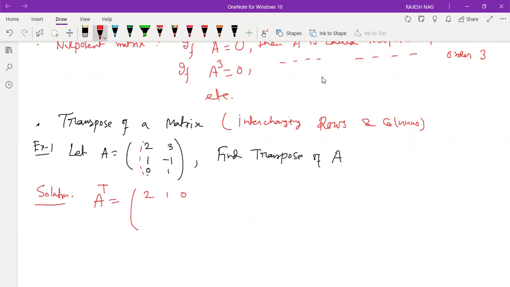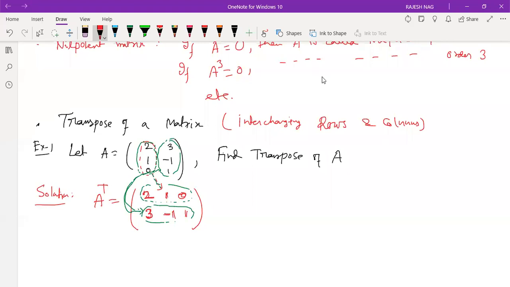This column is representing a row like this, and this column is representing as a row. So this is a simple concept. So this is called transpose of a simple row column interchange.